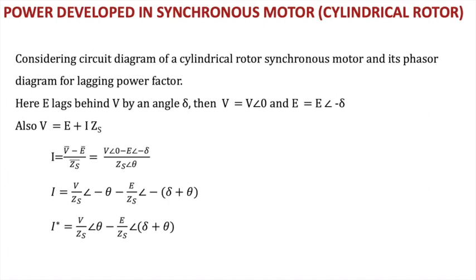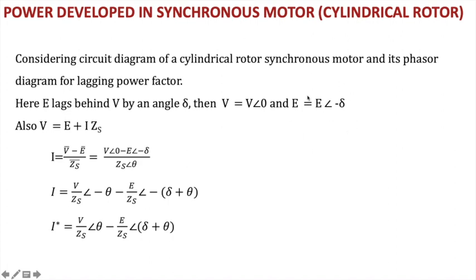Now the power developed in the synchronous motor, where we'll consider the cylindrical rotor and not the salient pole rotor. V is the applied voltage and E is the induced EMF in the synchronous motor, and E lags behind the voltage by an angle delta. So V is equal to V angle 0 and E is now E angle minus delta.